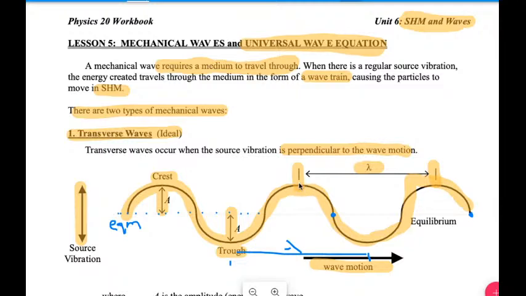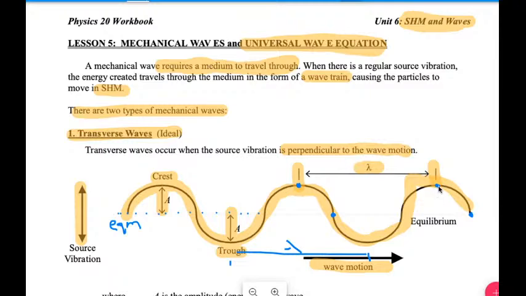As the wave travels through this point, it's about to start traveling down as this part of the wave moves over. So this particle is at the crest, about to move down, just as this particle is at the crest right now and just about to move down.